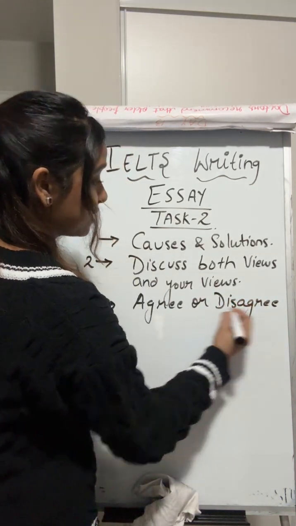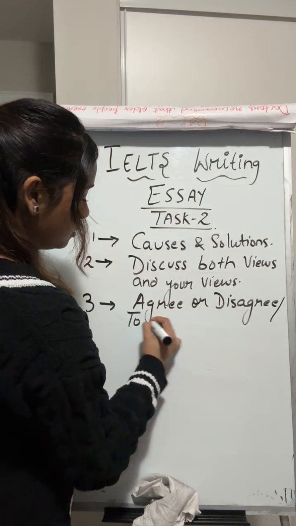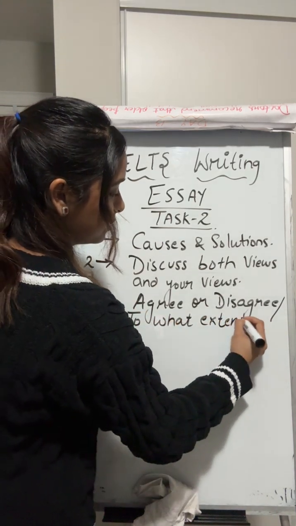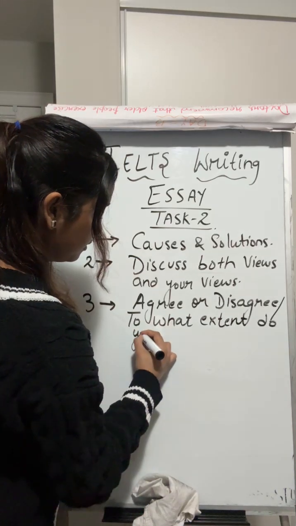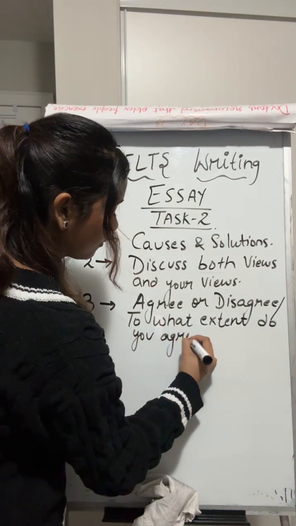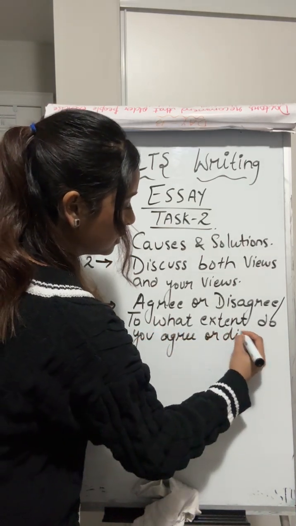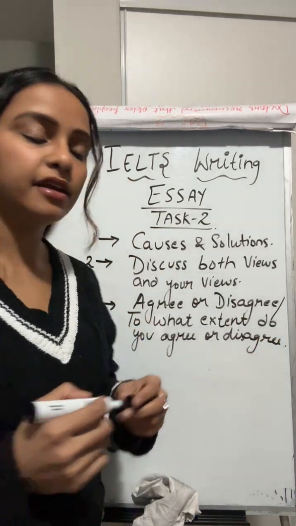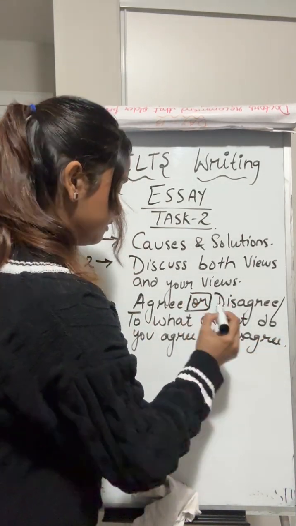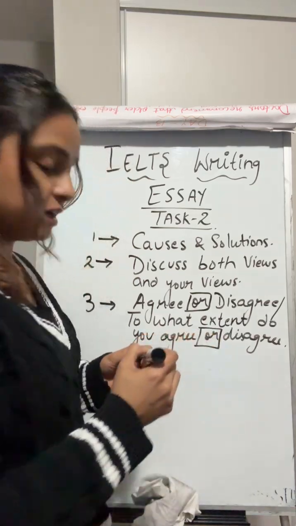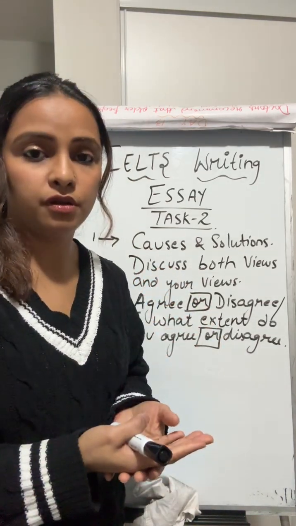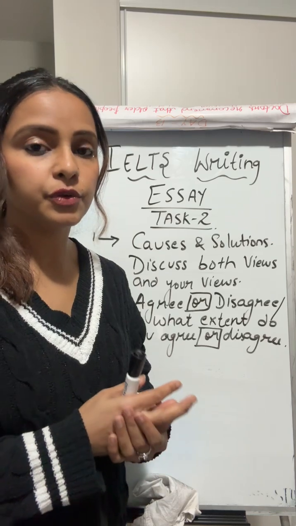Or the examiner can also ask you to what extent do you agree or disagree. So what is the meaning of this topic? There is a word 'or' in between. Agree means you support the opinion which is given to you in the question.